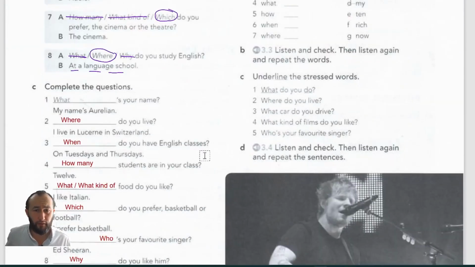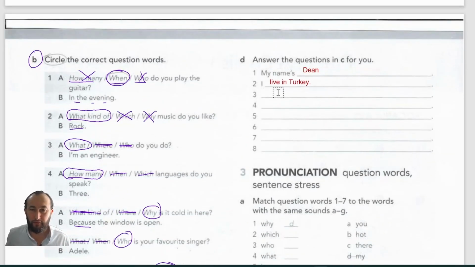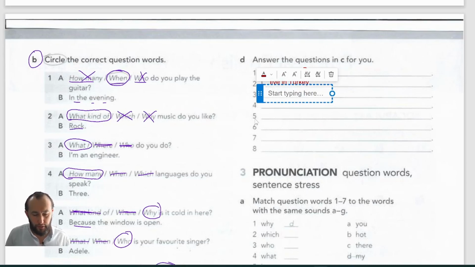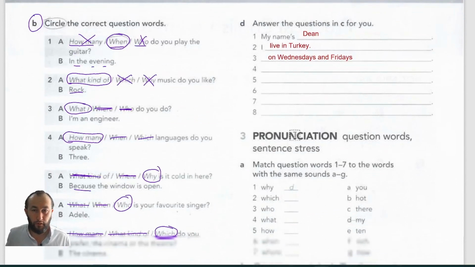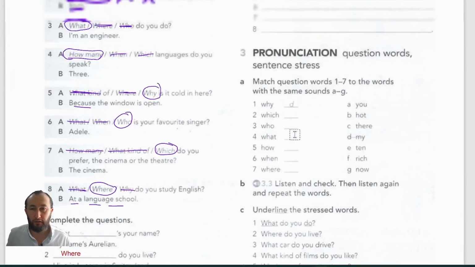When do you have English classes? Okay, let's say I'm a student, so you can just make it short, like on Wednesdays and Fridays, for example. On Wednesdays and Fridays. Okay. How many students are in your class?